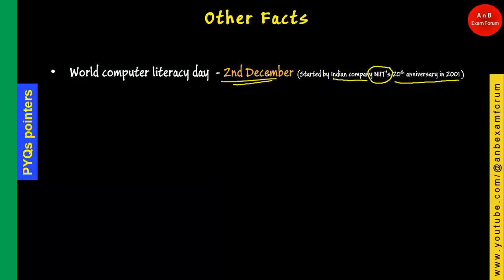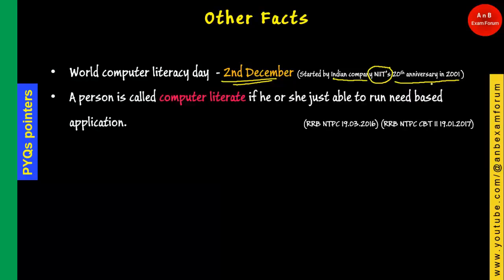Okay, their main aim was that all the people in the world have computer literacy. Okay, and this initiative was started by an Indian company on their 20th anniversary in the year 2001. And just remember, as I told you, that a person is called computer literate if he is able to run the basic application.